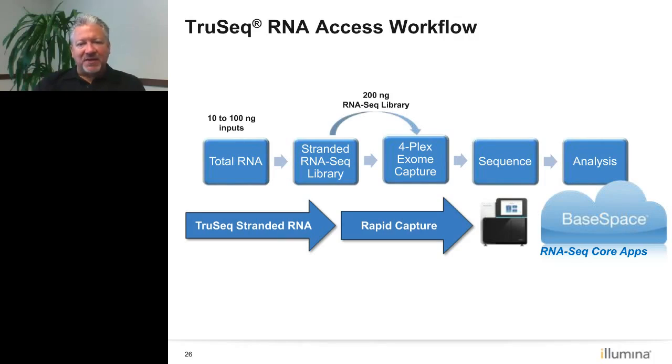But in fact, it turns out that doing this for RNA is even simpler. So we were able to streamline the process for the hybridizations and wash with the rapid capture and turn it from a 2.5-day process into a 1-day process for RNA. The RNA library is much less complex than a genomic library, so it turns out to be quite easy to capture the exome out of a library from RNA.